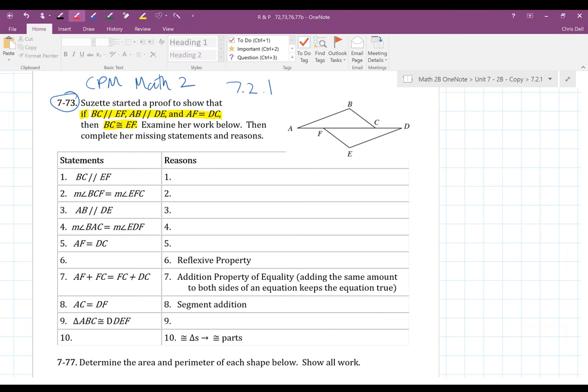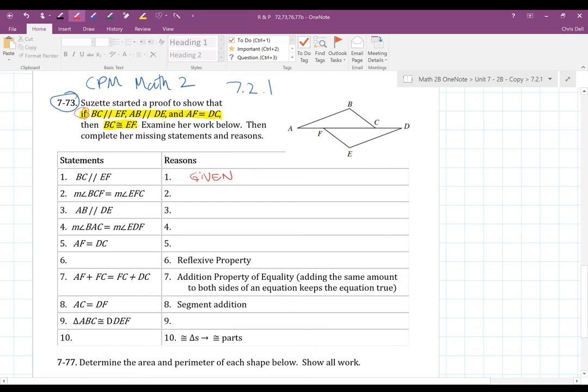So the first statement here is BC is parallel to EF. Well, that's what we started with, so what we'll write here is that's our given. It's given in the beginning of the proof in the statement we have written. Suzette wanted to show that if all of these things are true, then this.